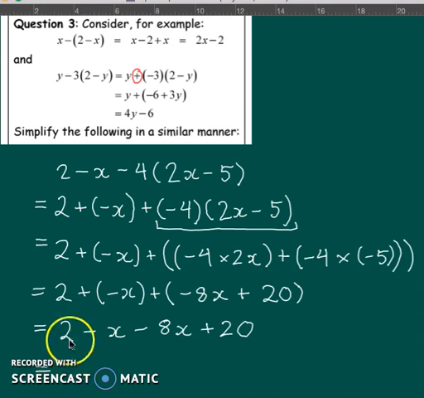So 2, I can add to 20 over here. 2 plus 20 is 22, and then what do I have? I have to add negative x to negative 8x, which comes to negative 9x. And that's the answer.